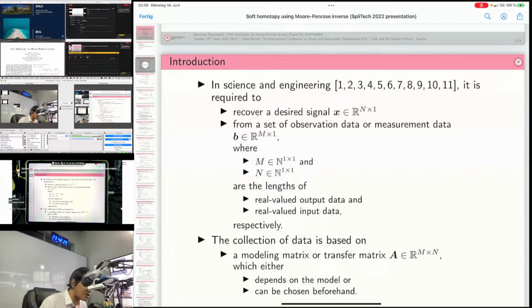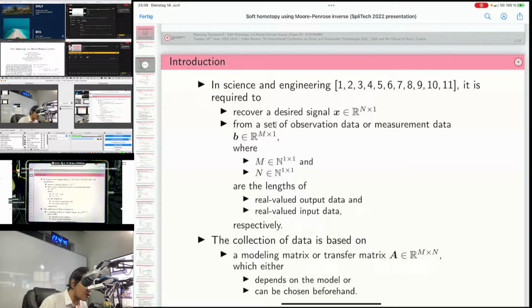The basic problem in science and engineering is that we need to recover a desired signal x of length n, where n is an integer, and we observe the data vector b of length m, where m and n are integers. The lengths m and n are the lengths of the real-valued output data and real-valued input data.